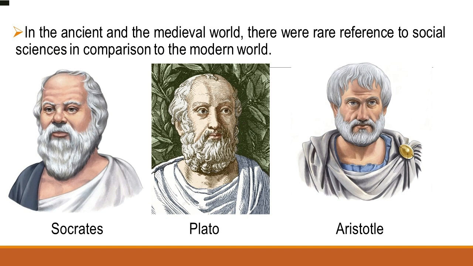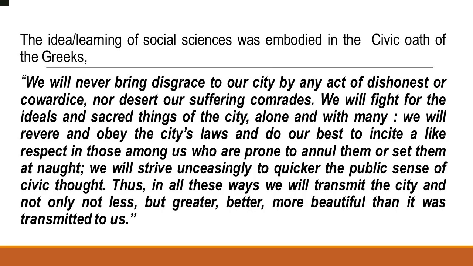These contributions are ever memorable works in the field of social science. The idea of social sciences was embodied in the civic oath of the Greeks when they were admitted to citizenship on attainment of maturity. They would take an oath in a formal ceremony.